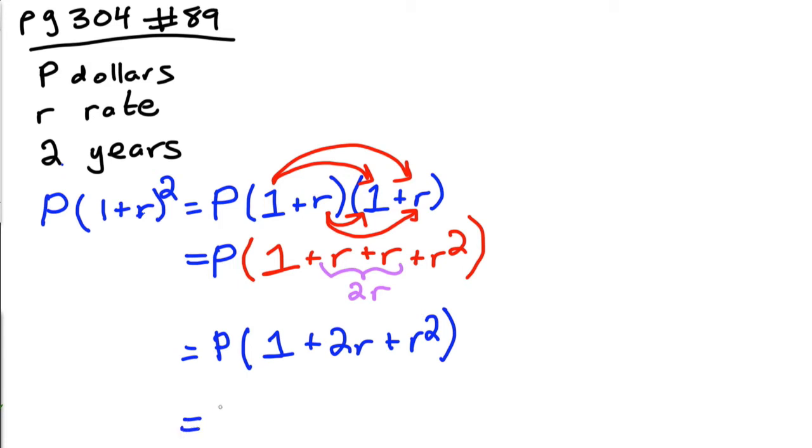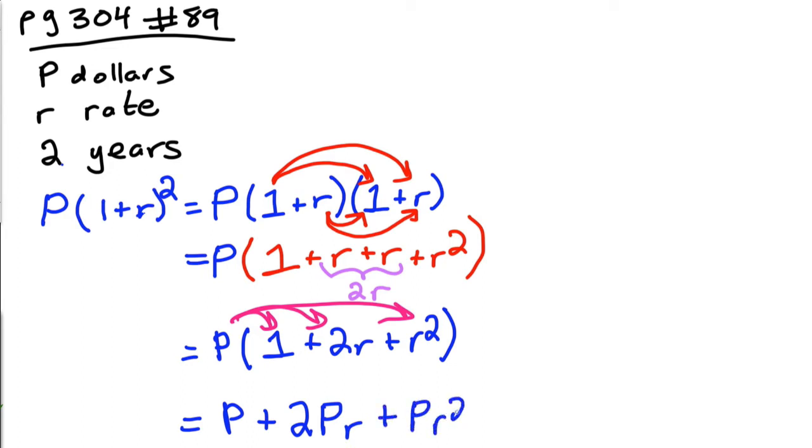And as the last step, I'm going to distribute the P inside of the parentheses, and that will remove the parentheses completely. So if I distribute the P, that's equal to P plus 2PR plus PR squared.